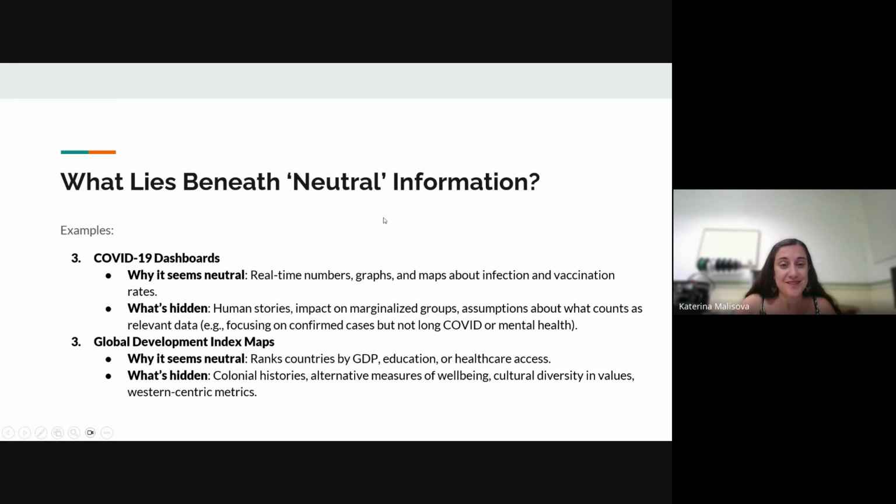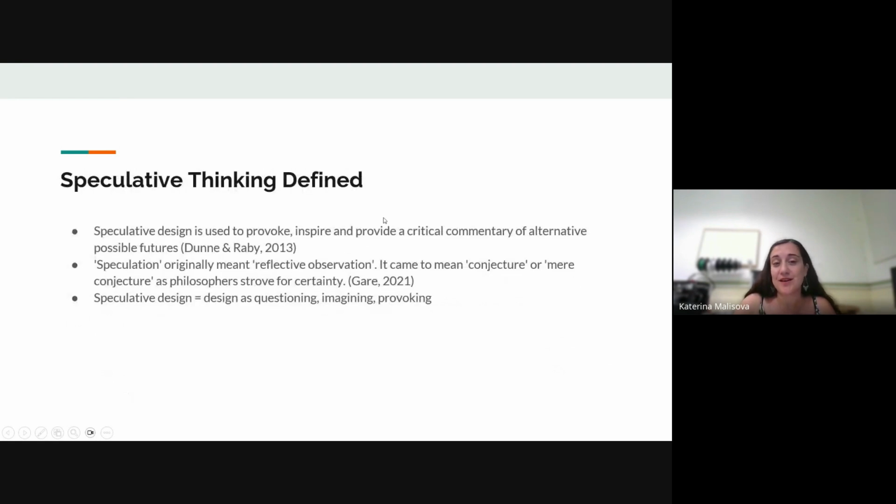Next, please. Another example is COVID dashboards that show real-time infection numbers. We all have seen some of these infographics. They often ignored some mental health issues, long COVID, or inequalities in healthcare access, maybe.